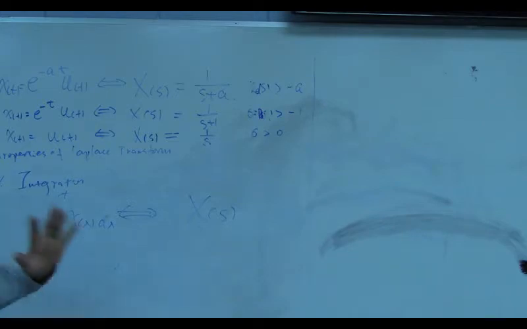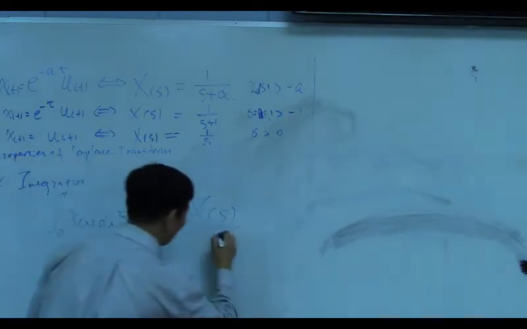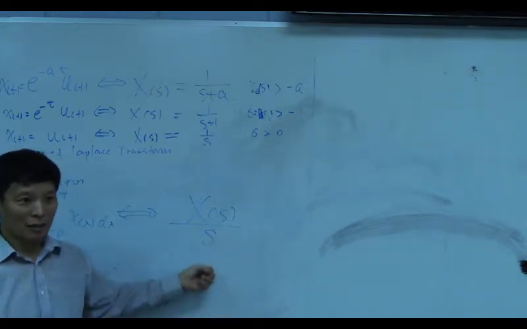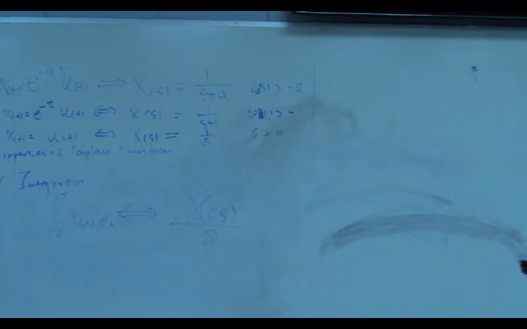Right? Divided by s. Perfect. For integration, it is divided by s. And we don't even need to consider the initial condition. This is even easier than the differentiation.